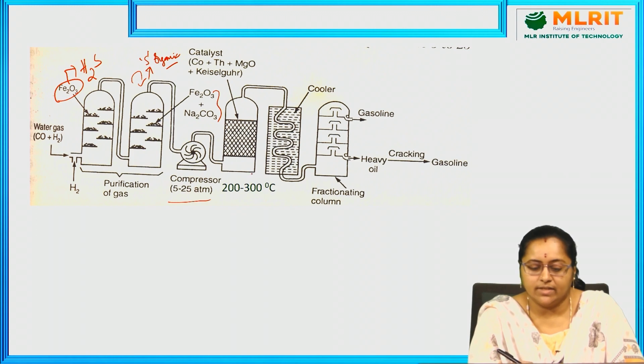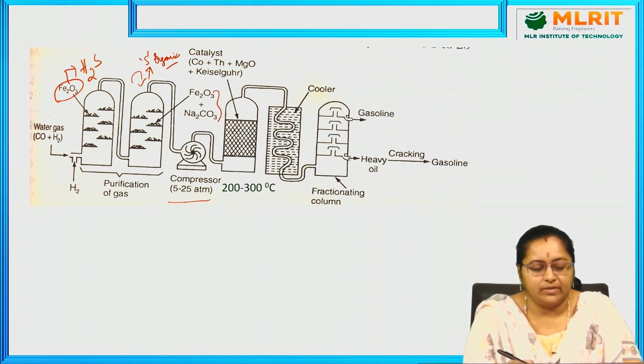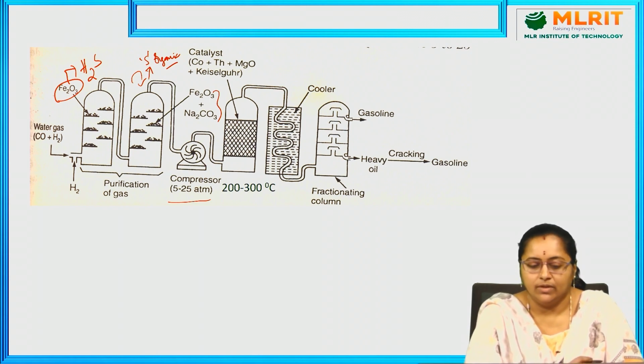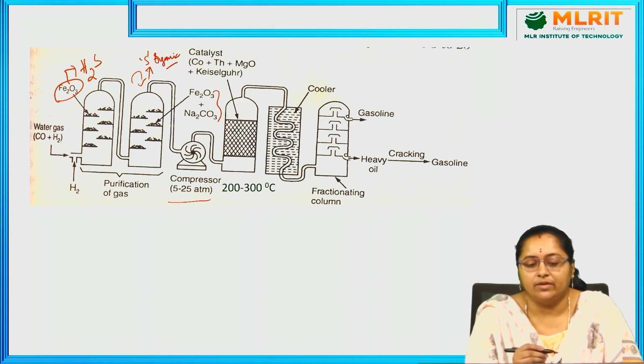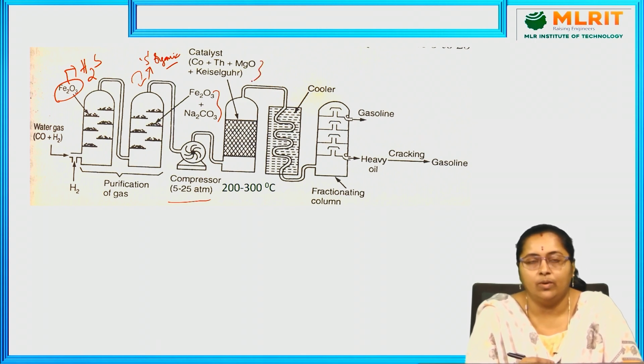Then it is allowed to pass into a converter. The converter's role is to convert the entire purified hydrogenated water gas to synthetic petrol. There we make use of a catalyst. The catalyst is a mixture of cobalt, thoria and magnesium oxide along with some Kieselguhr sand. What is Kieselguhr sand?